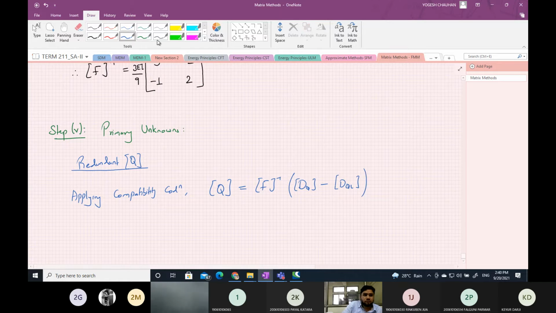Okay, now this component dQL will be 0 because there is no support displacement.